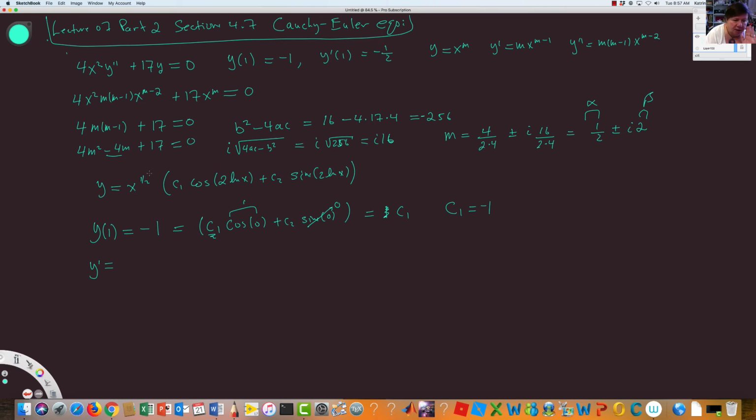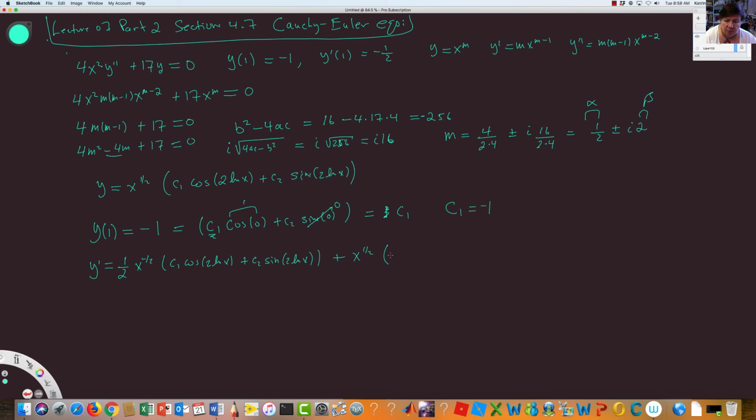By the product rule, take the derivative of this part first. I get 1/2 x to the minus 1/2 times C1 cosine of 2 ln of x plus C2 sine of 2 ln of x. Then for the second term, plus x to the 1/2, and by the chain rule we take the derivative of the cosine and multiply by the derivative of what's inside.